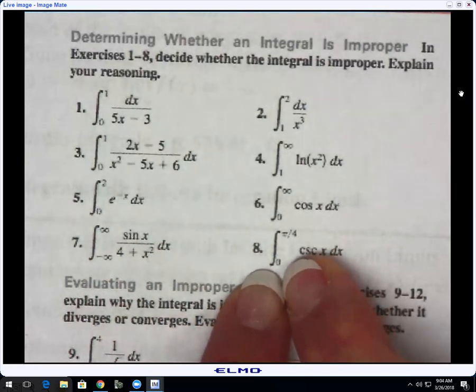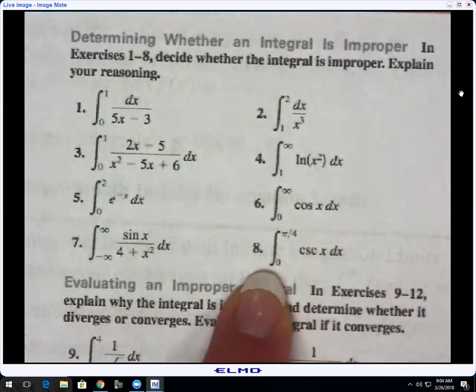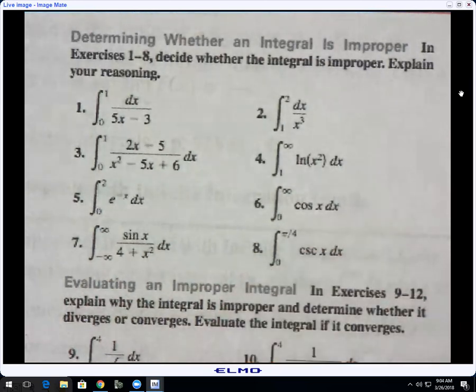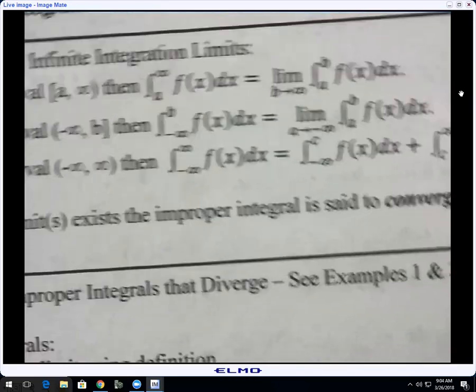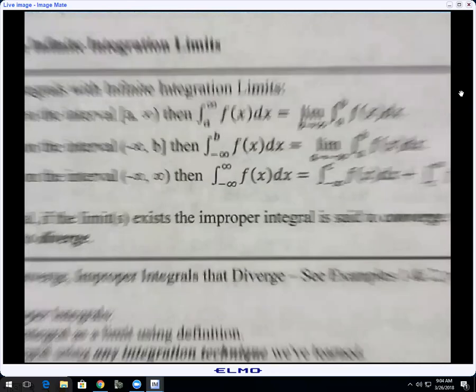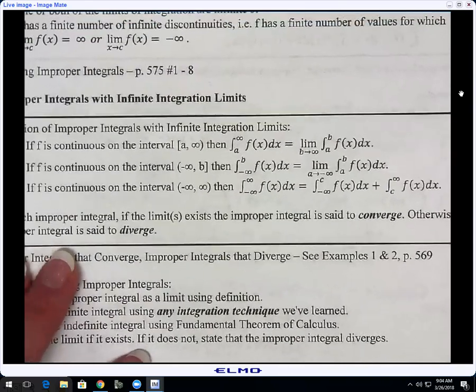So that is an improper integral because one of its endpoints, or somewhere in there, the interval over which we're trying to integrate has a vertical asymptote, so it's improper. All right, first you got to recognize them, and then we have to figure out how to deal with them. Well, we deal with them by rewriting them in terms of limits.